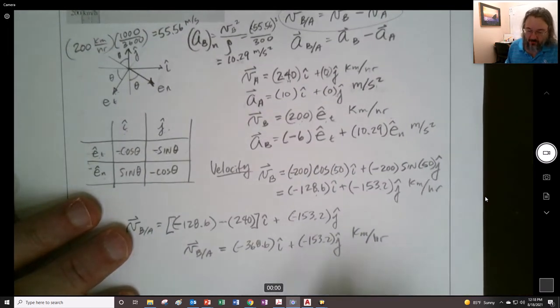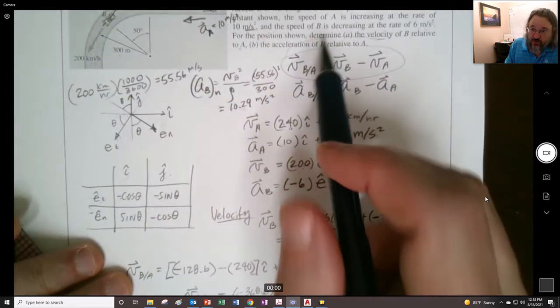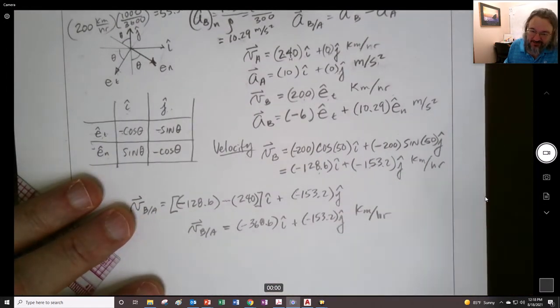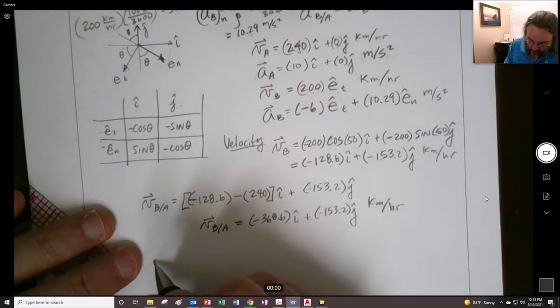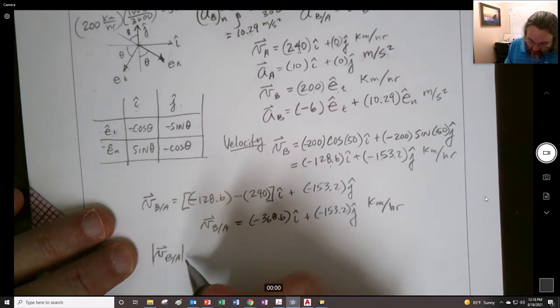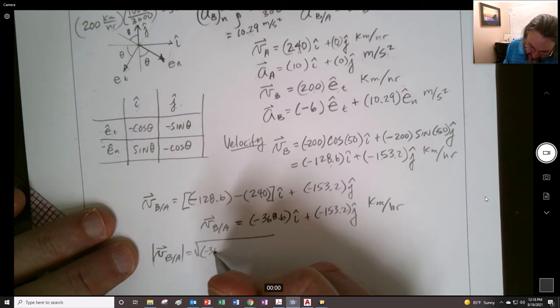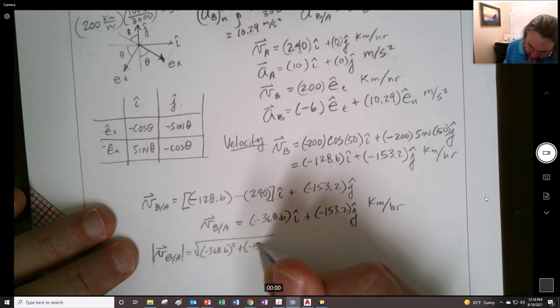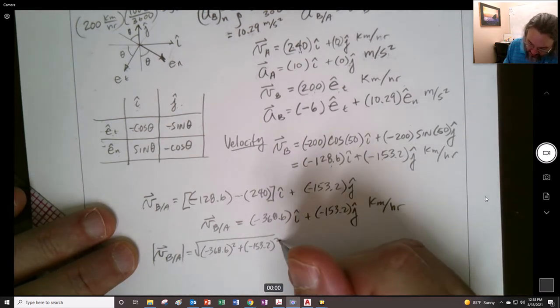Right? And they didn't tell us for sure, but a lot of times that's all well and good, but I would rather have the magnitude and angle. So take the square root of negative 368.6 squared and the negative 153.2 squared. Normally I just don't bother writing those negatives because they're getting squared anyway.